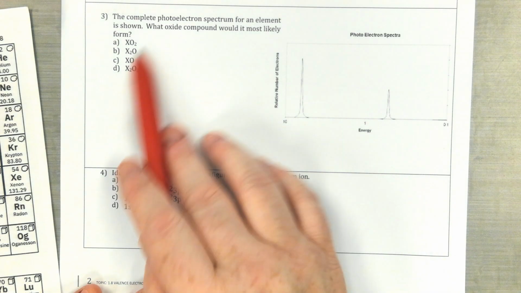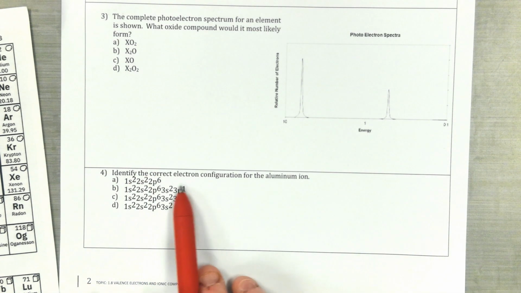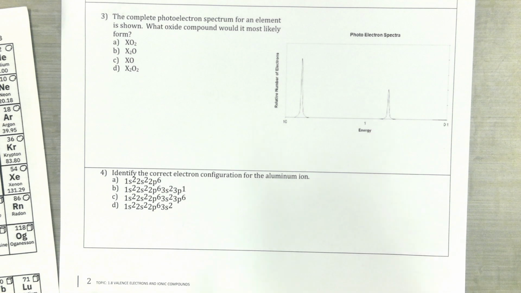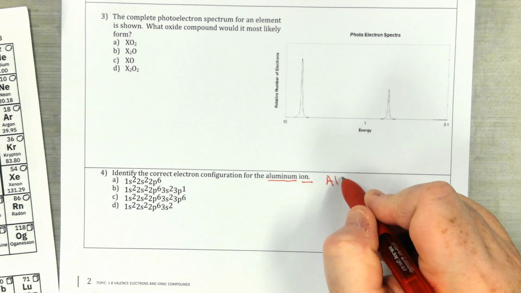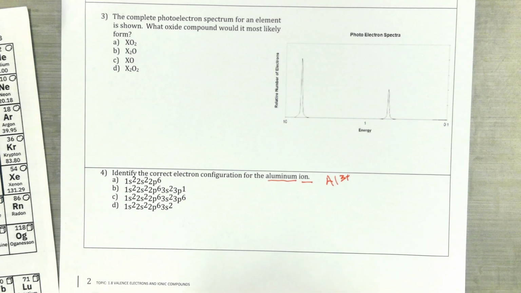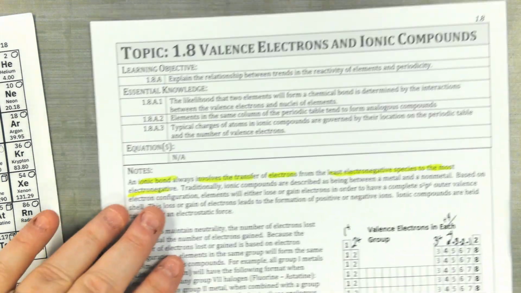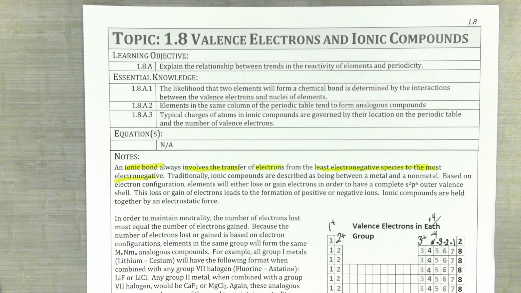And then which one would it form? Identify the correct electron configuration for the aluminum ion, so Al3+. And that is your notes for 1.8, valence electrons and ionic compounds, and I will see you in class.